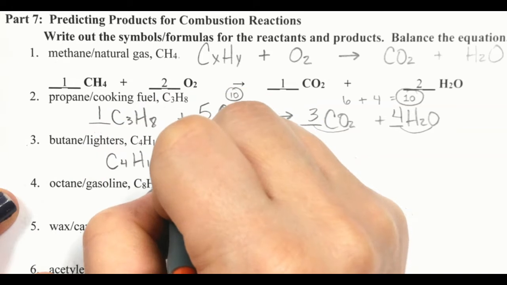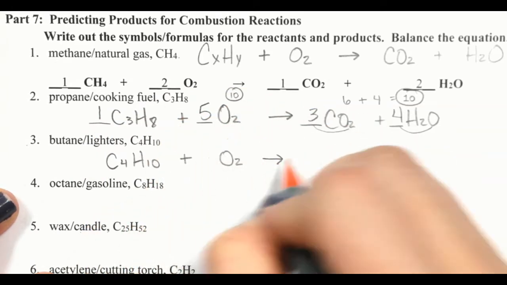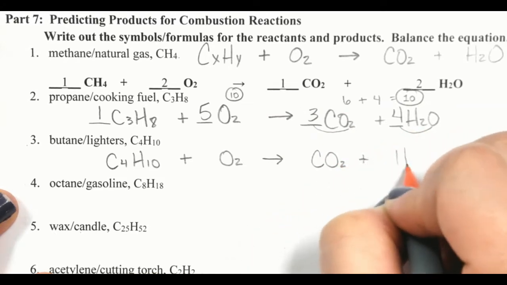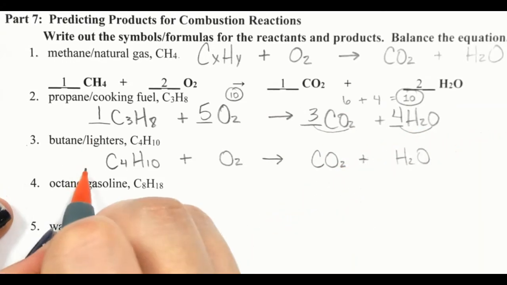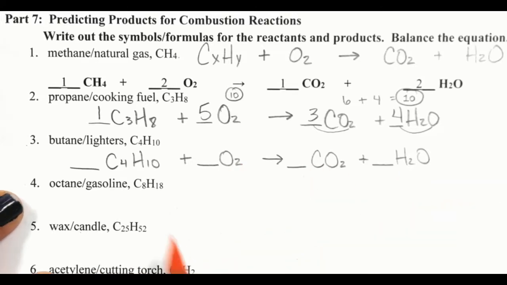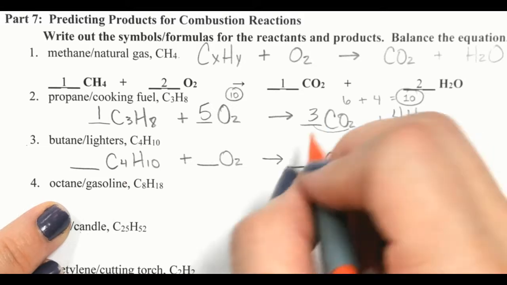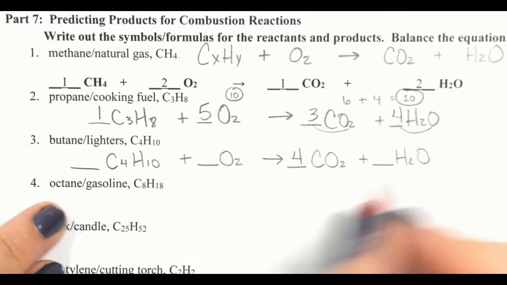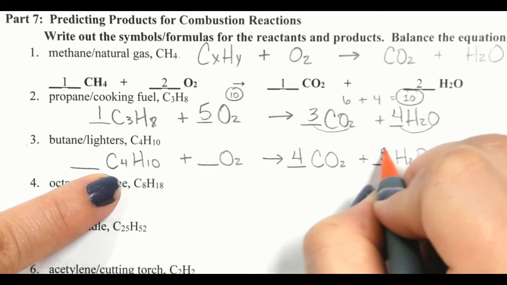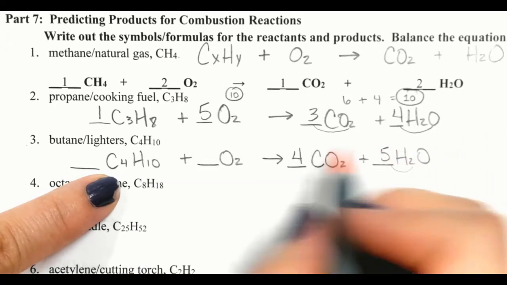We have C4H10. And then we're going to add O2, yield the same two products, CO2 and H2O. So now that I have my equation written, I'm going to balance my coefficients. We have 4 carbon on the left, 1 carbon on the right, so I'm going to need a 4 here. 10 hydrogens on the left, so on the right, 5 times 2 is 10 hydrogens on the right.